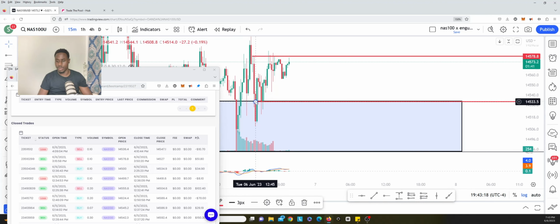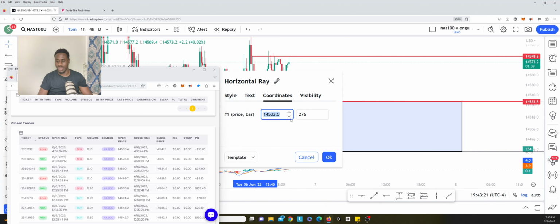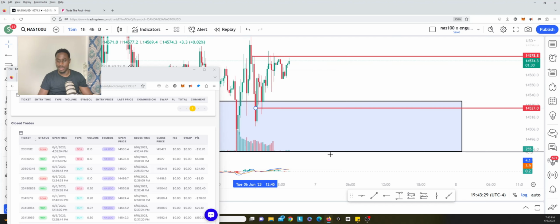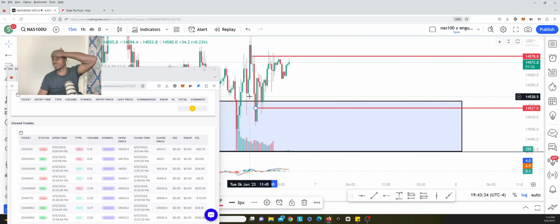And that would have been on the 12.45 because it was definitely hitting into my zone. I don't think I'm playing a lot of instruments when they come into the zone because I'm looking for it to bounce either up or bounce down, or if it really starts to push through, maybe.